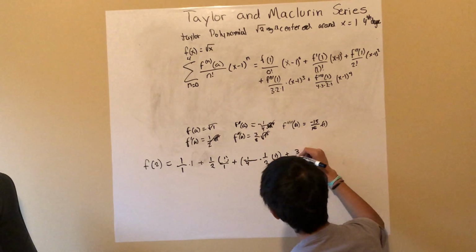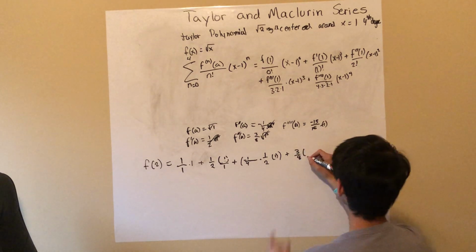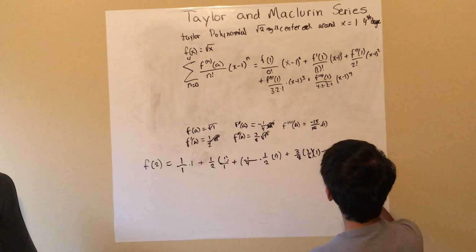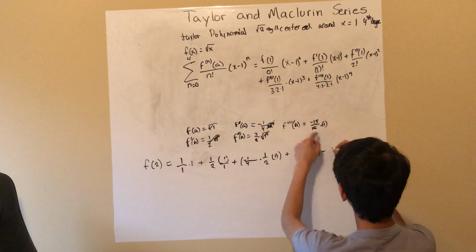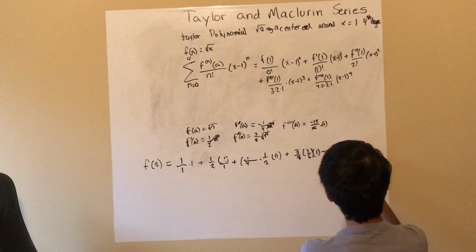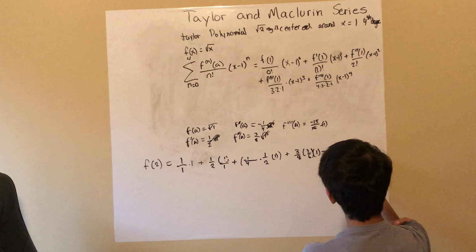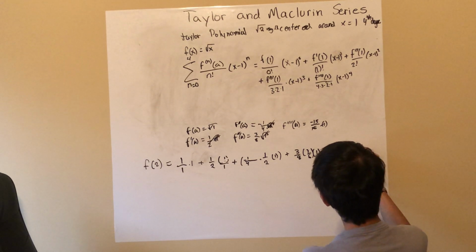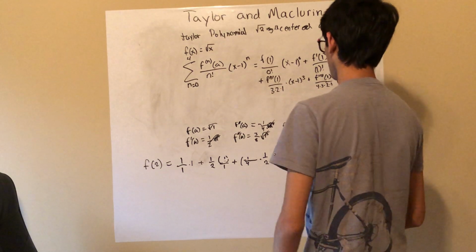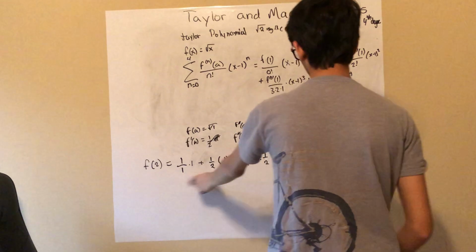So that's 3 over 8 times 1 over 6 times 1, minus 15 over 16 times 1 over 24 times 1. Right, you don't need me to raise 1 to all those powers. You know what it's equal to. So now we can evaluate here.